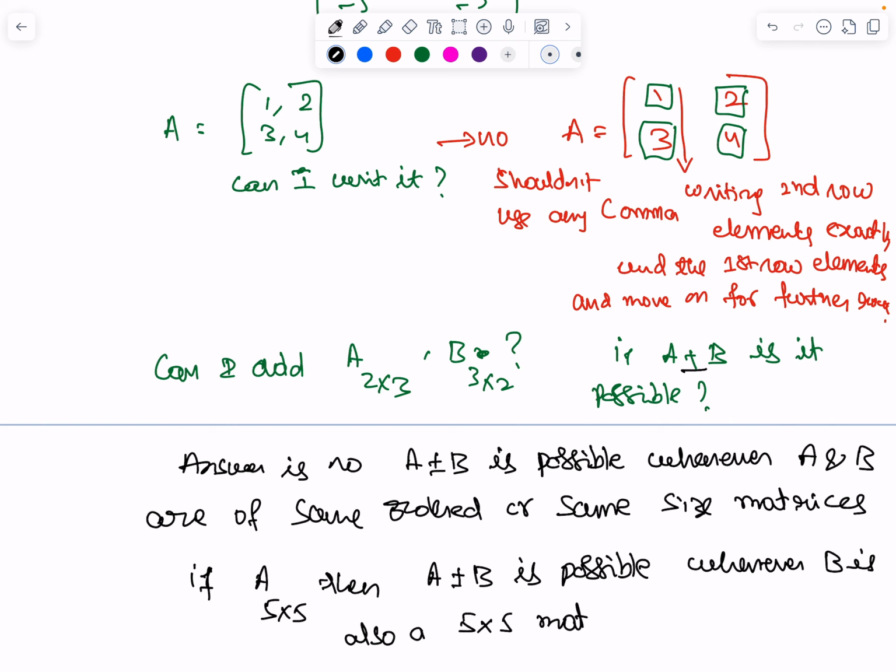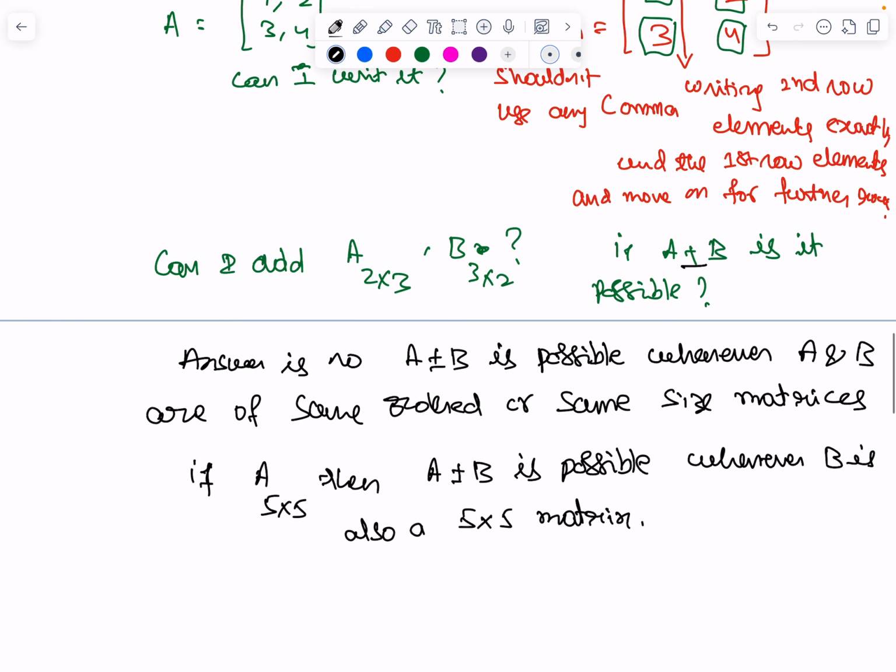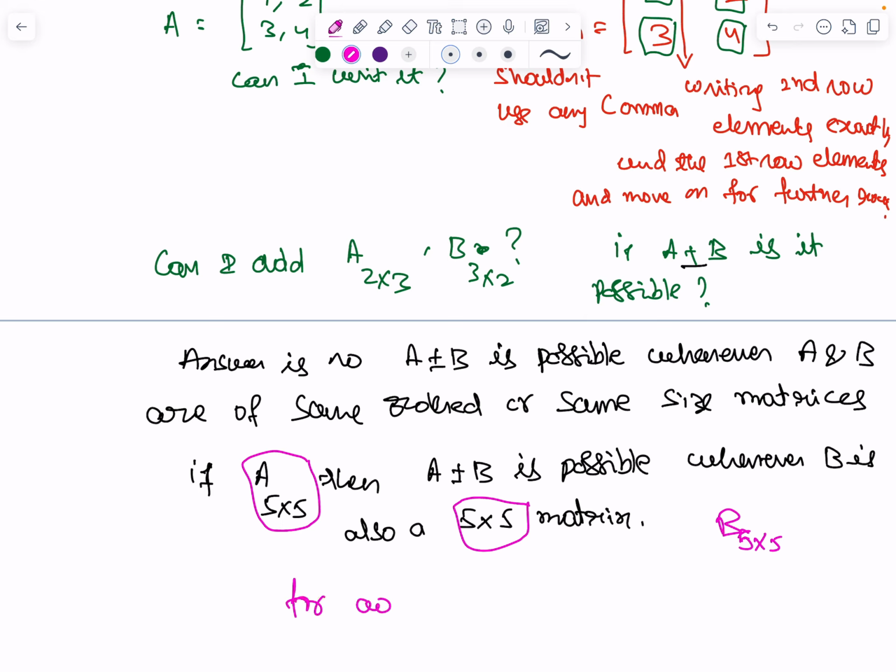Otherwise, it is not possible. Therefore, this is more important, that is, the size of A must coincide with the size of B, for addition and subtraction.